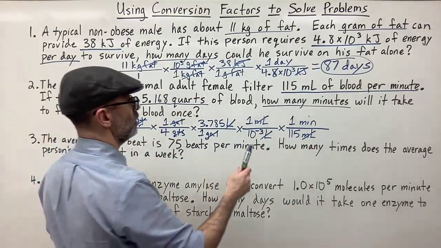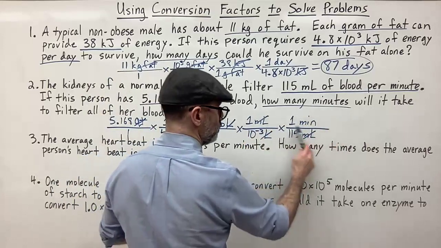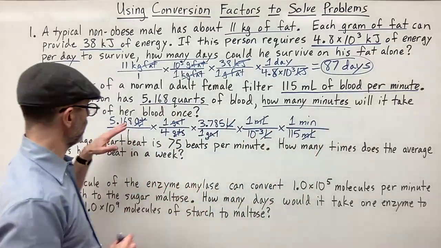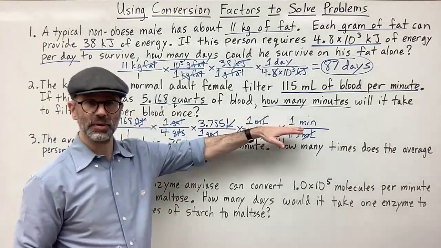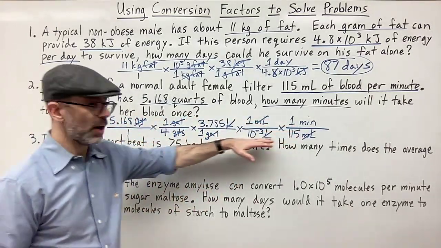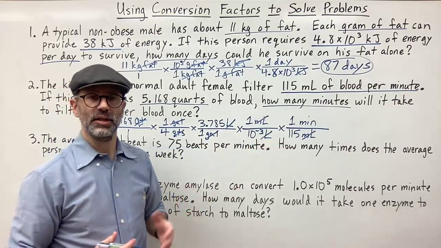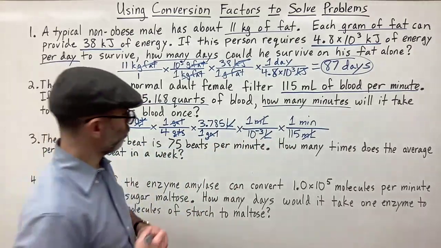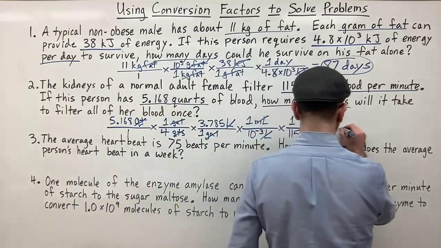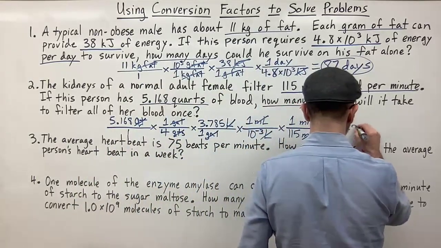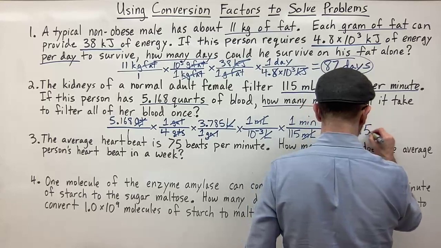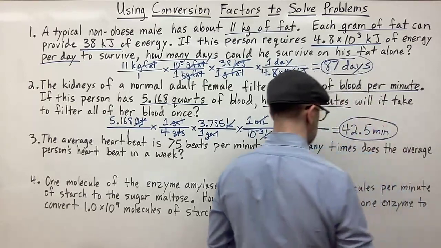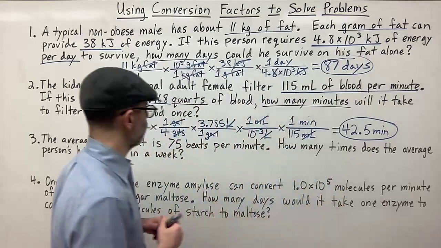They want to know how many minutes? Well, we just got minutes on top, so we're done. So at this point, all I need to do is multiply across the top, divide by the bottom, and I get my answer. And when I do that, I get 42.5 minutes. That's the amount of time it would take to filter all of her blood that's in her body.